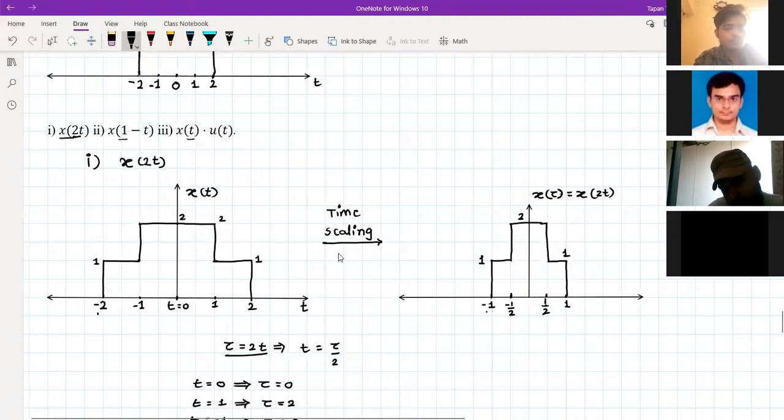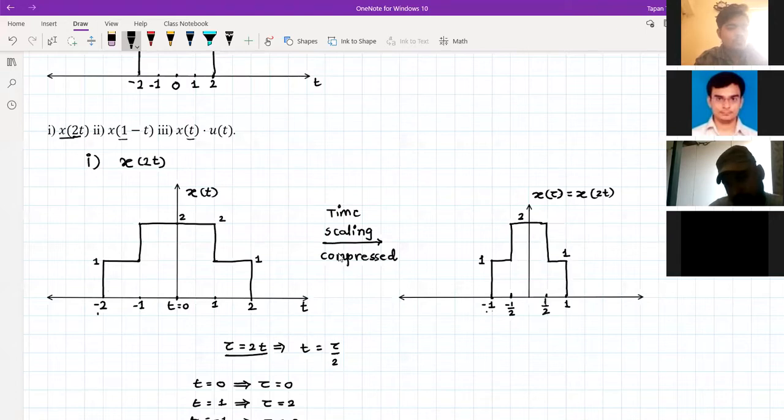Now x of 2t means we are doing time scaling. We have drawn this time scaling, and then we found that the original signal is compressed, right?